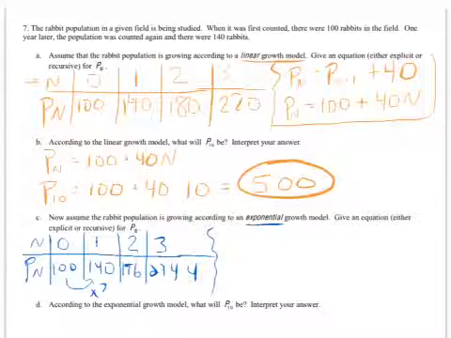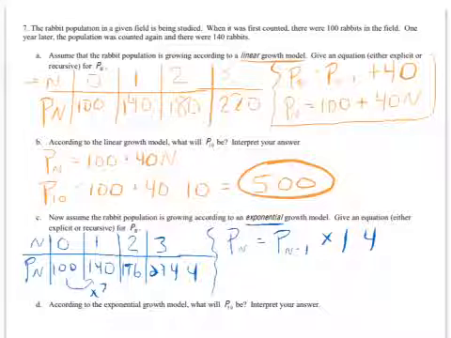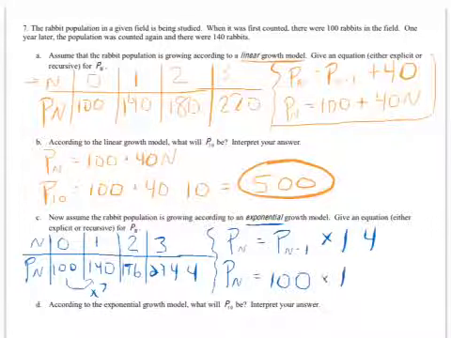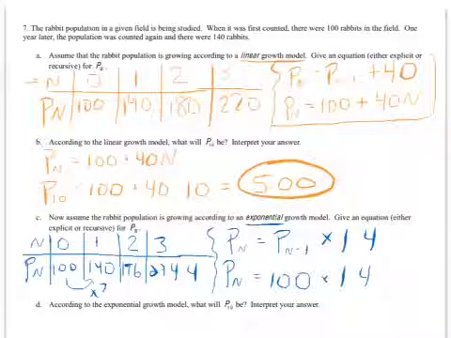And if I want to write a recursive model for this, I would say, well, the population at any year n is equal to the population the year before, which we denote p sub n minus 1, times 1.4. And my explicit equation would say, well, I'm starting with 100 rabbits, and I'm multiplying that by 1.4 over and over again.